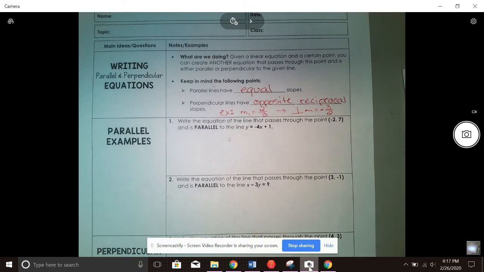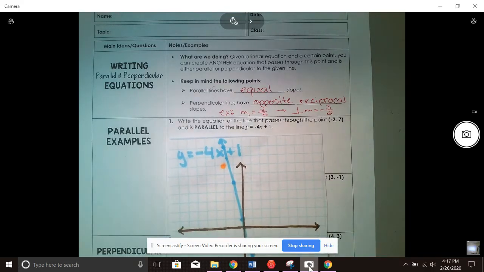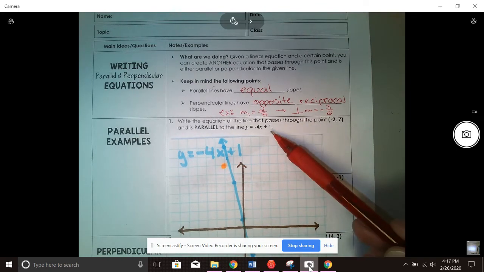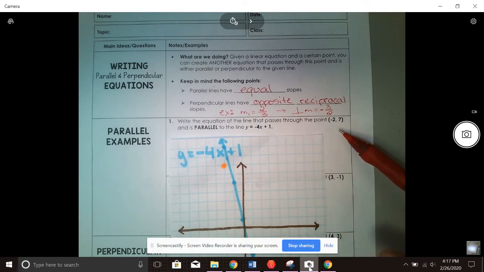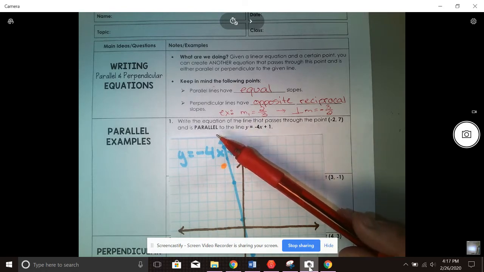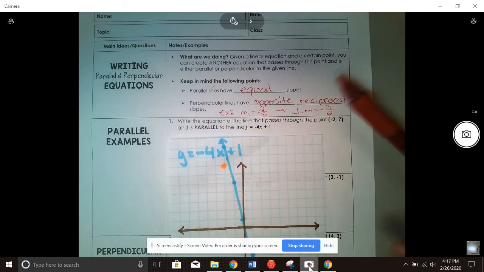First things first, we would look at this visually on a graph. I've already graphed the line y equals negative 4x plus 1 in blue, and I've plotted the point negative 2, positive 7 in orange. Now I am asked to build a parallel line. What I need to know is that parallel lines have equal slopes.